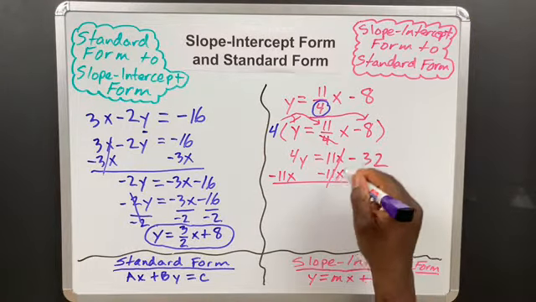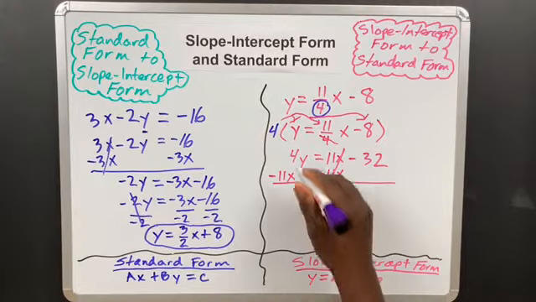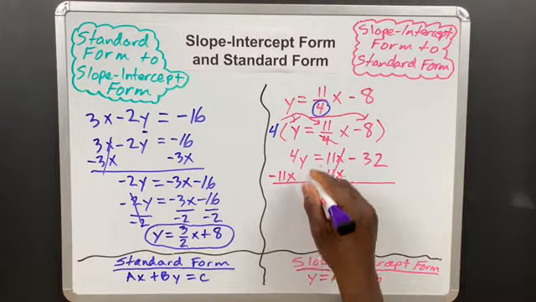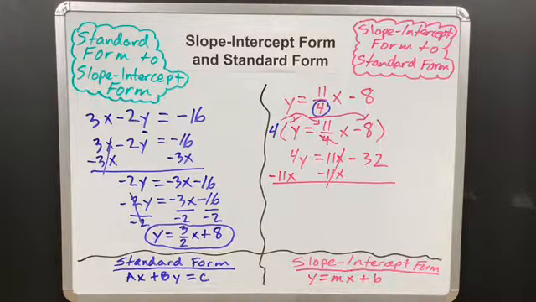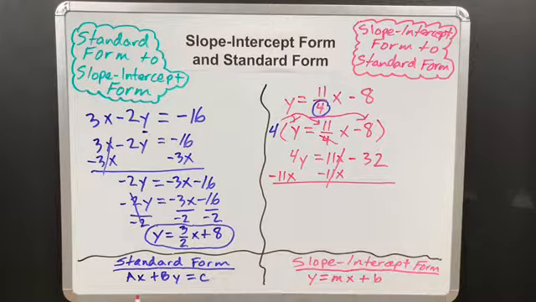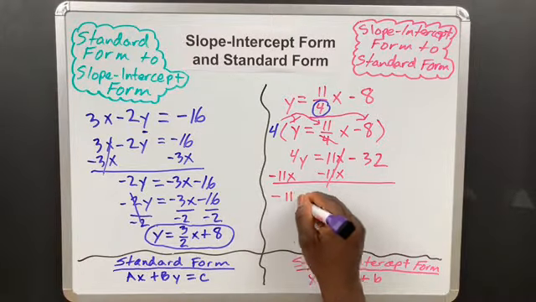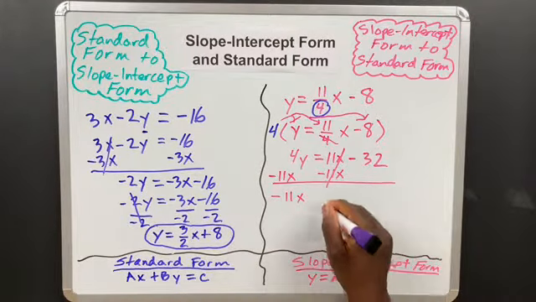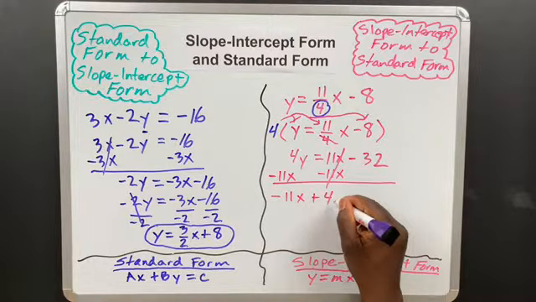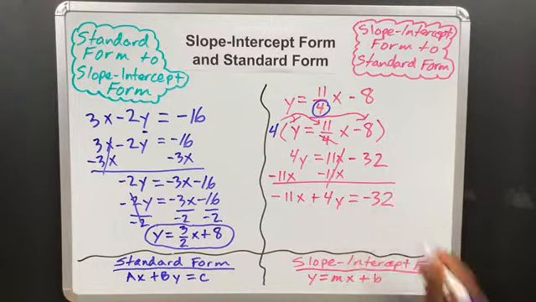That crosses out. 11x plus negative 11x is 0. So then we're going to add down. I could write 4y plus a negative 11x, but I want the x to be first as it is in standard form. So I'm going to write negative 11x plus 4y equals negative 32.